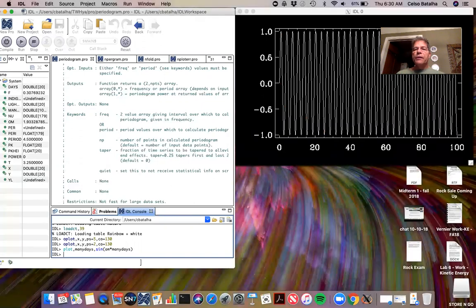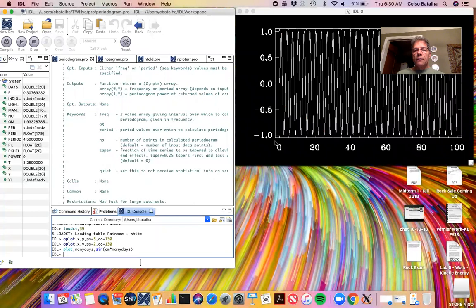We create that curve, and if we observe 1,000 times over a period of 100 days, we would have this nice curve. You can just look and see the period, but in fact, we observe only a few days.